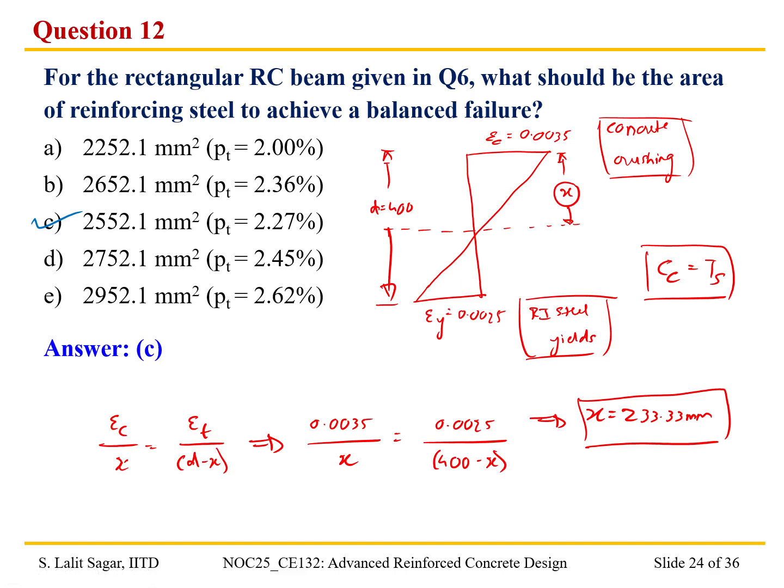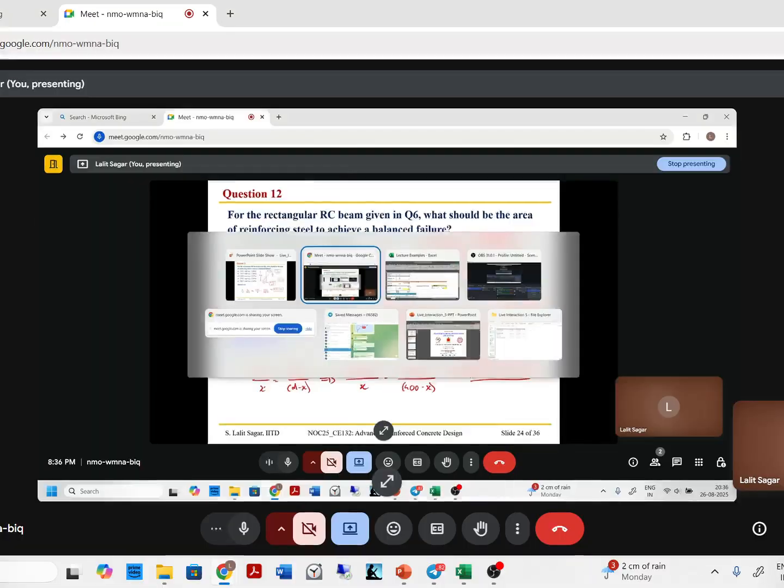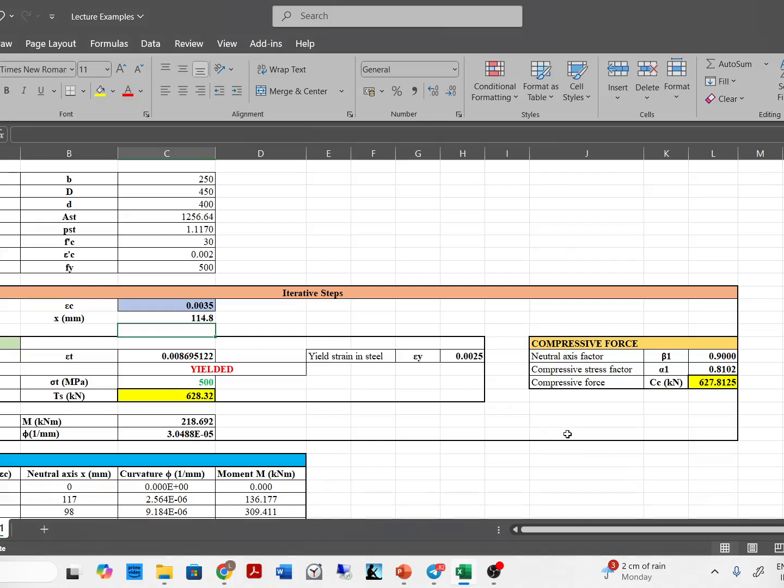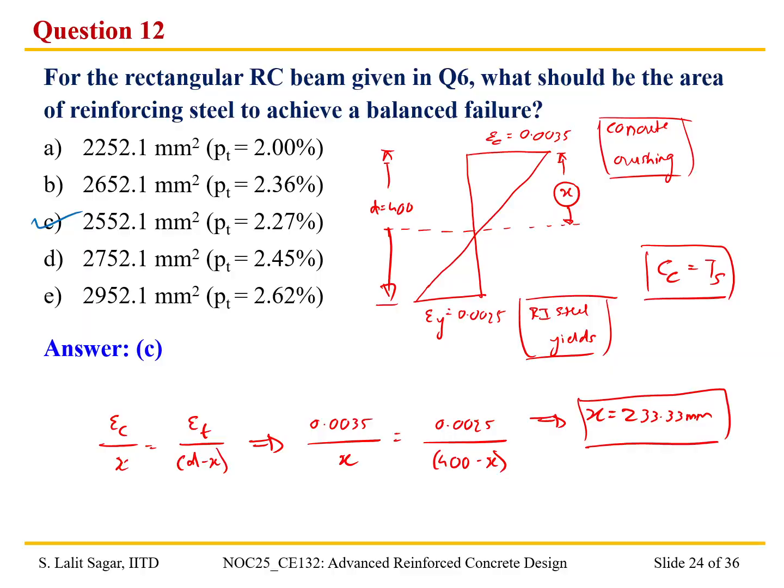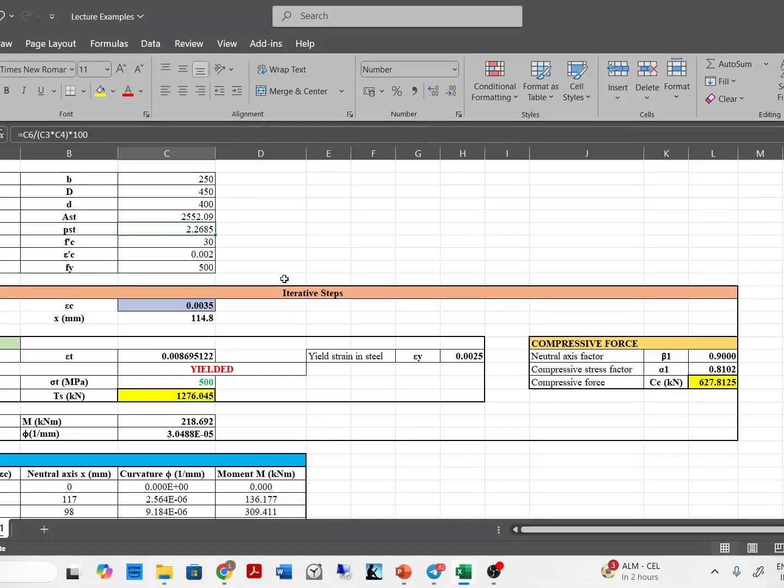Let me check the equation for the PT. AST is 2552.09. So what is the PT? 2.6, right? 2.27.